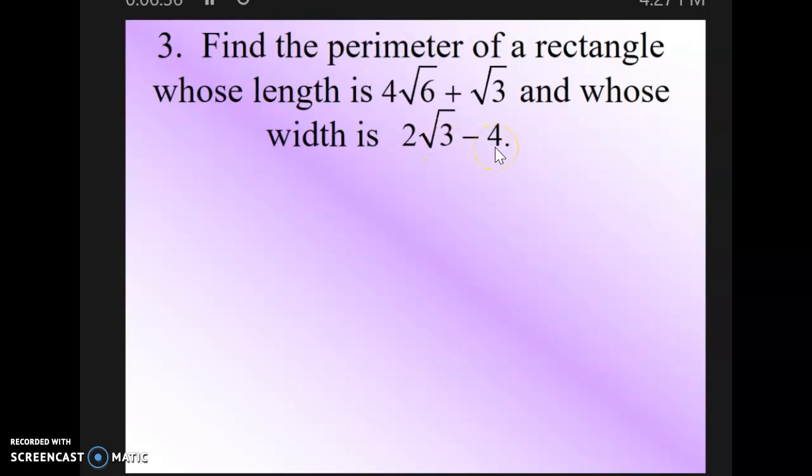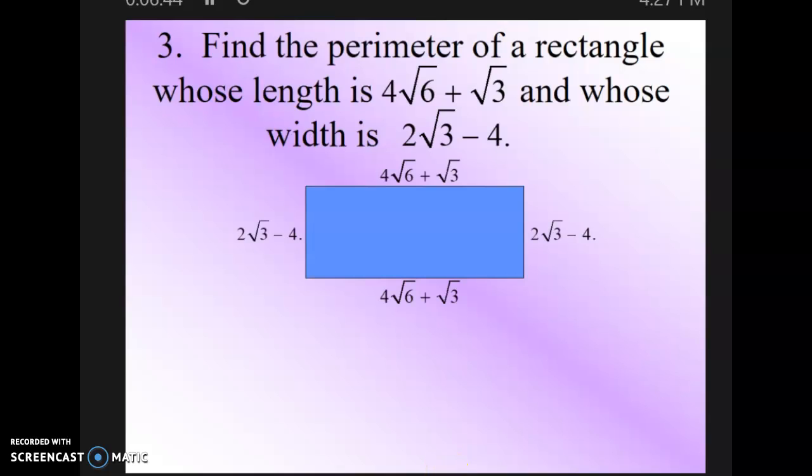Like I've always mentioned, when we have a word problem like the perimeter of a rectangle, I always say let's draw a picture. So you have a box there on your paper, just fill in the lengths and the widths. Make sure you put your other length down, and then 2 square root 3 minus 4 is a width, and make sure you put your other width.